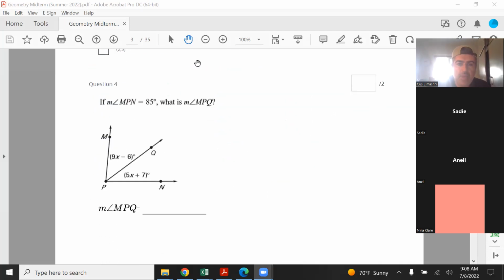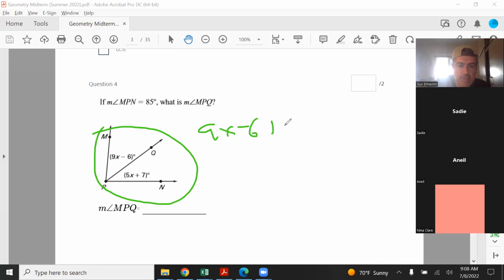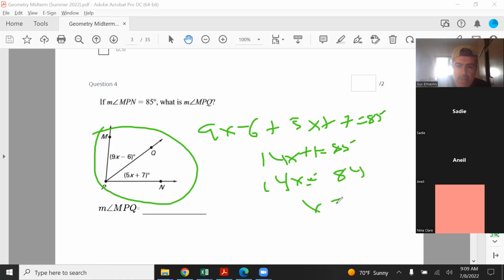Next up, you're asked to find angle NPQ. Well, NPM, this whole thing here, is 85. So 9x minus 6 plus 5x plus 7 must equal 85. So 14x plus 1 equals 85. 14x equals, oops, 14x minus 1 equals 85, so 14x will equal 86... rather, X is 6.